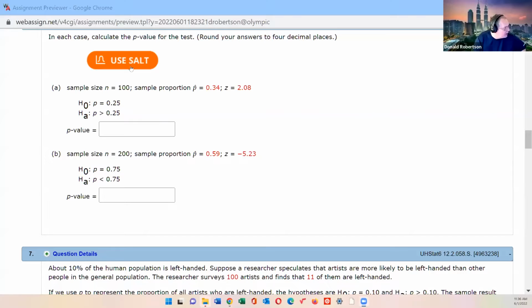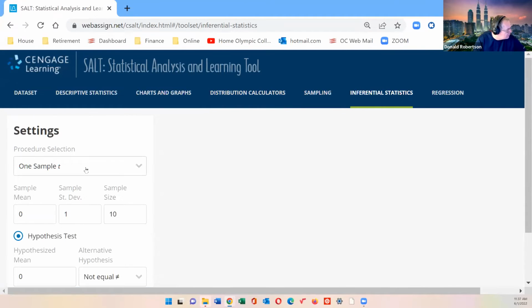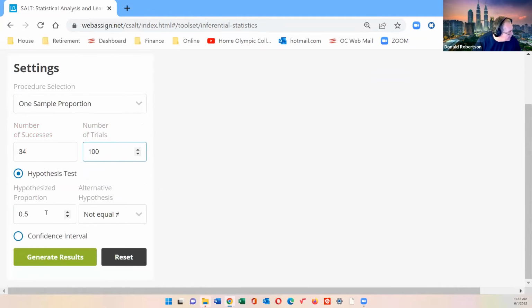Let's see what we get out of salt here. Normal distribution, and that's not what I want. There we go. Number of successes, 34, out of how many? Out of 100 people. That's the 0.34 from my sample.